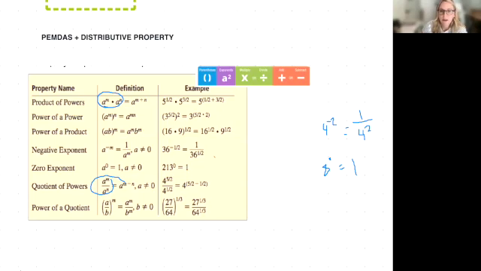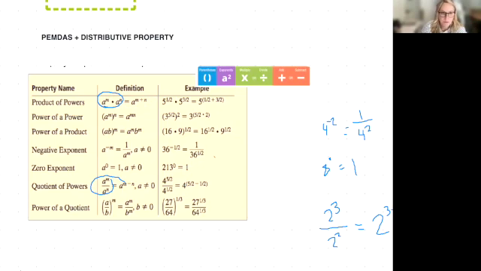So let's say that we had 2 to the power of 3 over 2 to the power of 2. You keep your base. And now, since it's division instead of multiplication, we're going to subtract our exponents instead of adding our exponents. So you take your top exponent minus your bottom exponent.